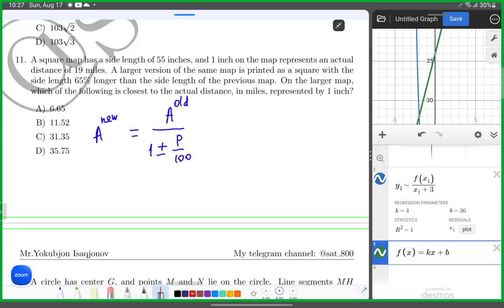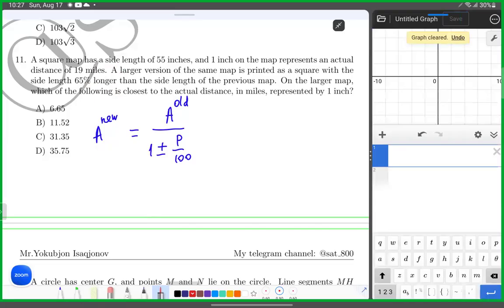As I mentioned before, when something increases by p%, you will write here 1 plus p over 100. When something decreases, 1 minus. Because it is a map problem, the proportionality will be inverse, so the denominator will be this expression. When here longer is taken, that's why here you should use plus.